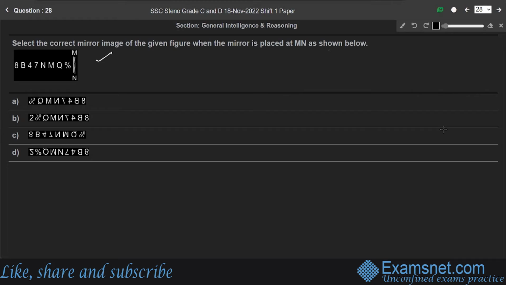Question number 28. Select the correct mirror image of the given figure when the mirror is placed at MN as shown below. Right? So the mirror is placed vertically. So the image of the given figure appears like this. The rightmost figure of the given object, if you consider this as a whole object, looks like the leftmost image.